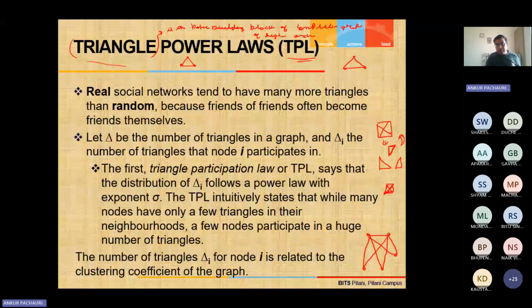Let me connect it with this node. This is connected, this is connected. So I can create a complete graph of 5 nodes by a slightly larger, but some number of triangles.